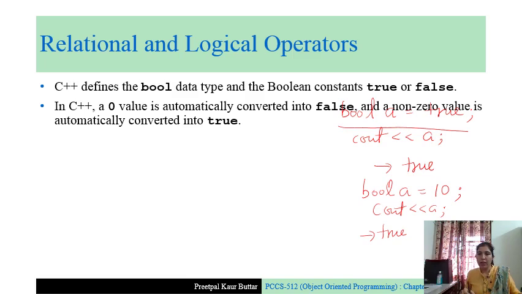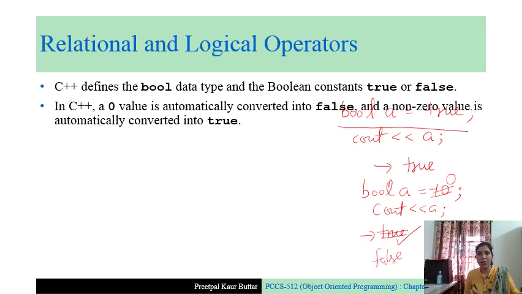If instead of 10 I use -10, then what will be the output? The output will again be true, because -10, although it is negative, is still a non-zero value. And if we use A equal to 0, then the output will be false. Why?